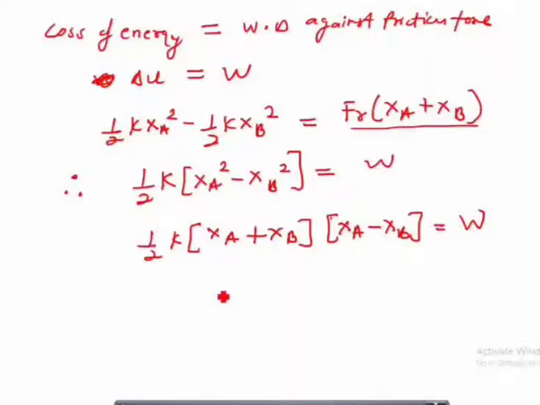Now this XA plus XB and XA plus XB will get cancelled, because W is equal to Fr into (XA plus XB).